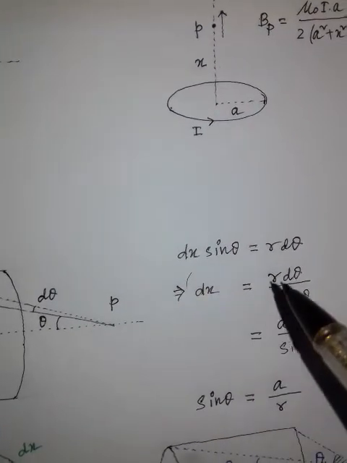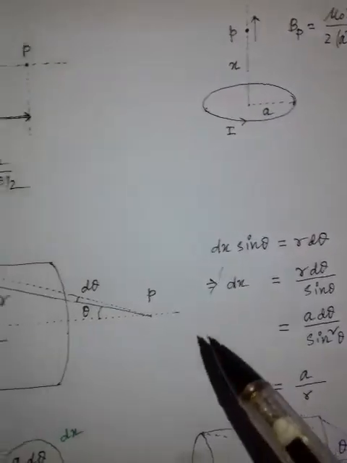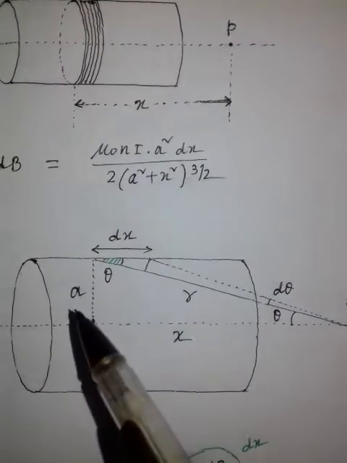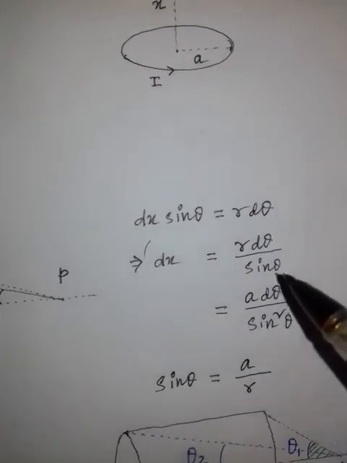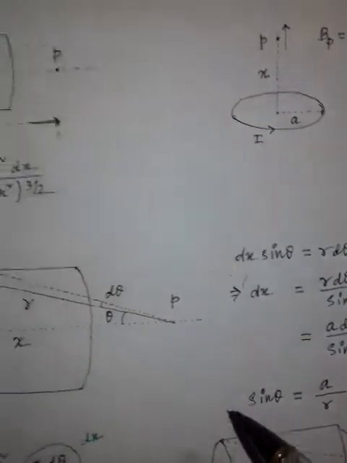which gives dx as r d theta by sine theta, and we put the value of sine theta, that is sine theta is equal to a by r, we get dx is equal to a d theta by sine square theta.